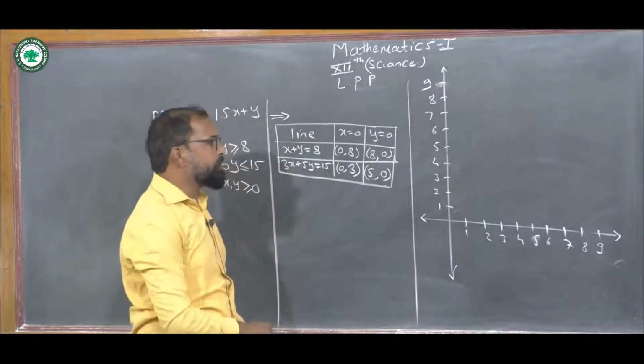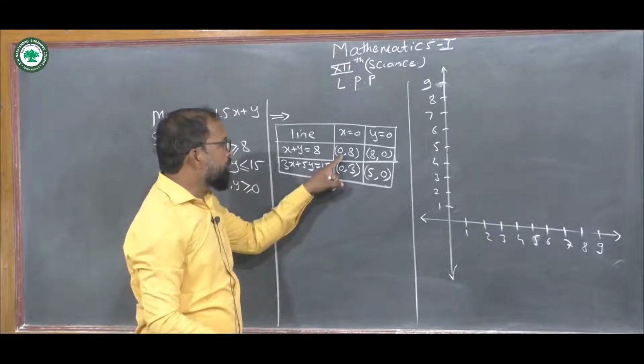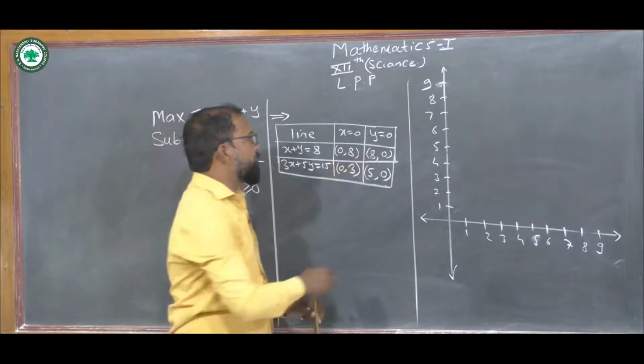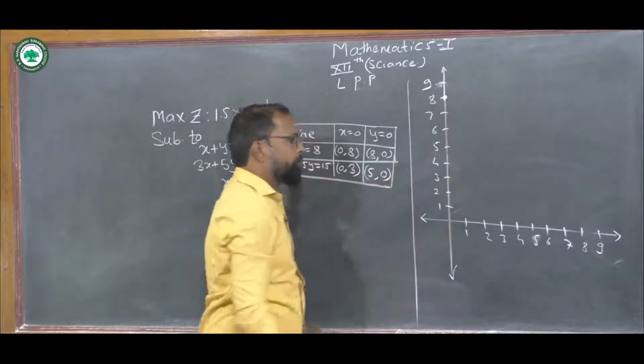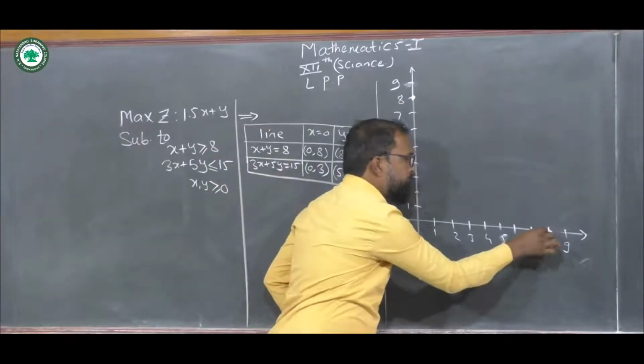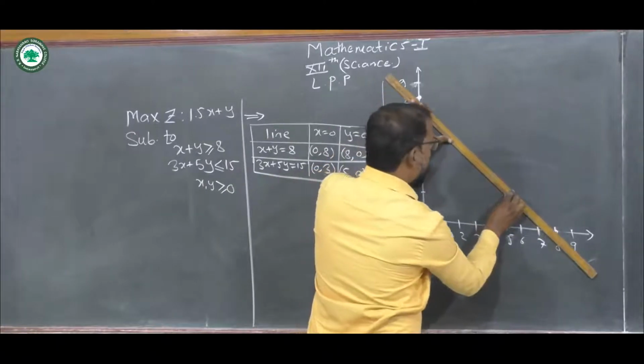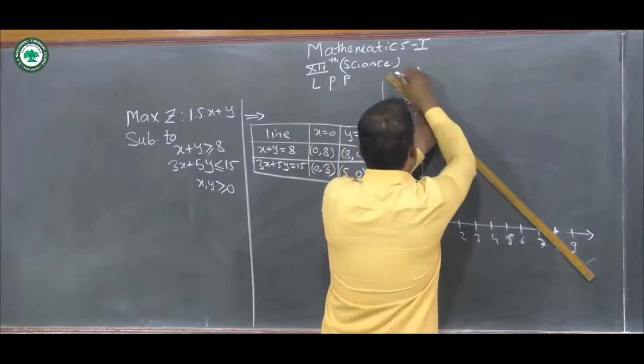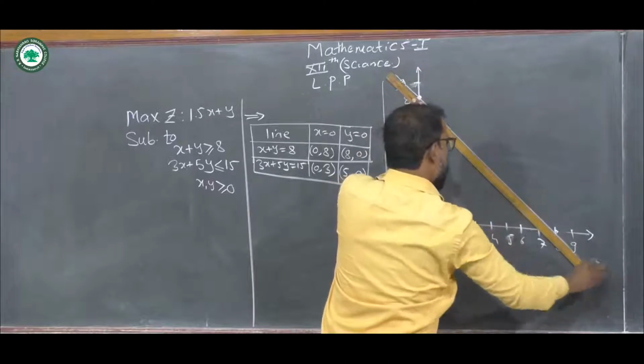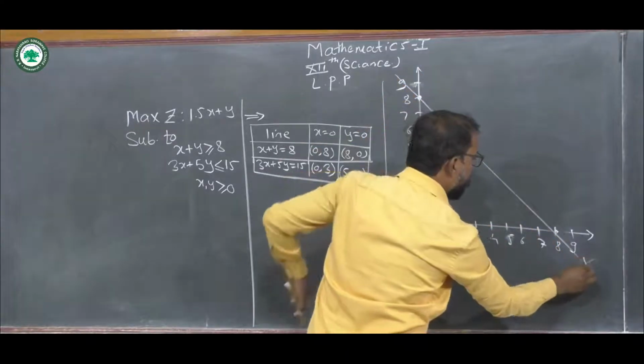Now to plot the first line, the points are 0, 8 and 8, 0. Here it is the point 0, 8 and this is the point 8, 0. By joining these 2 points, we get the first line.